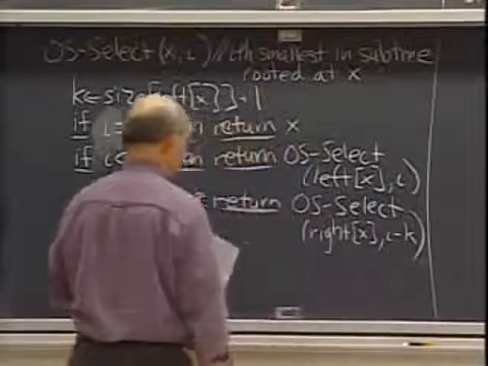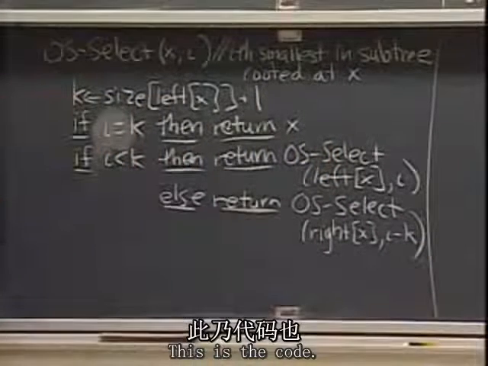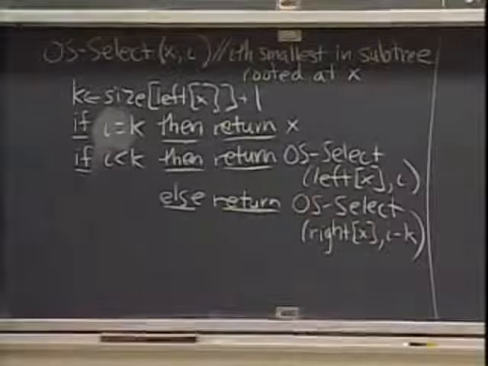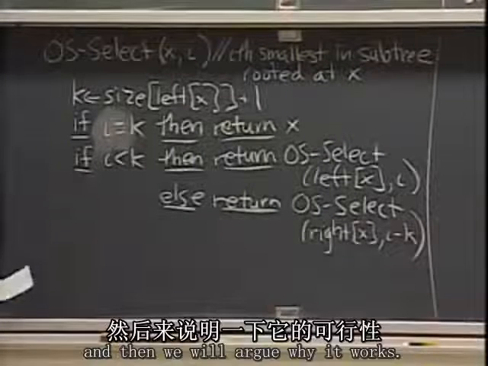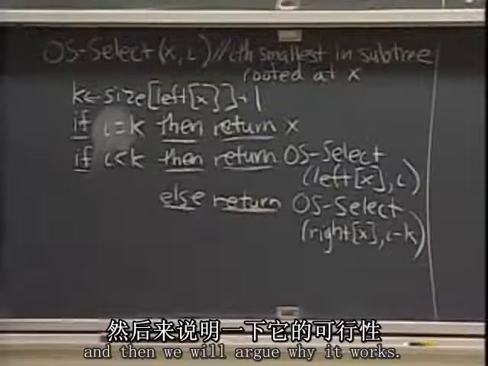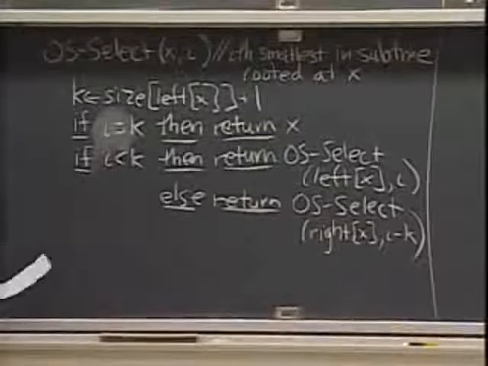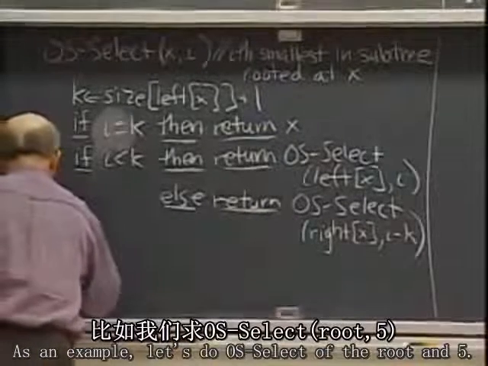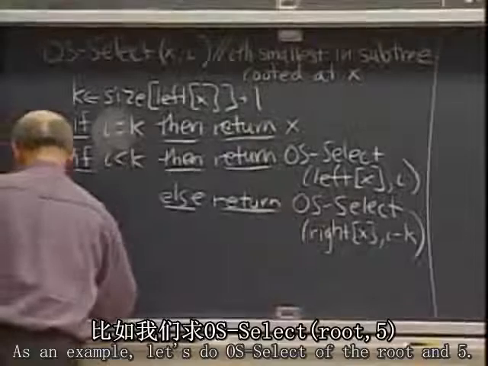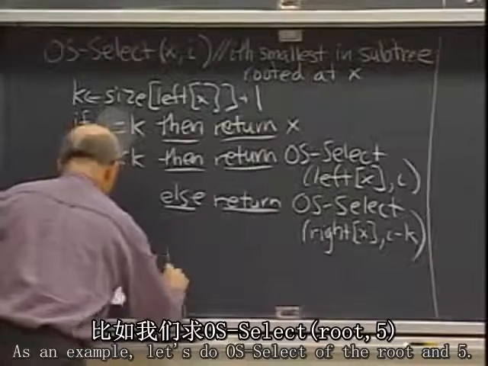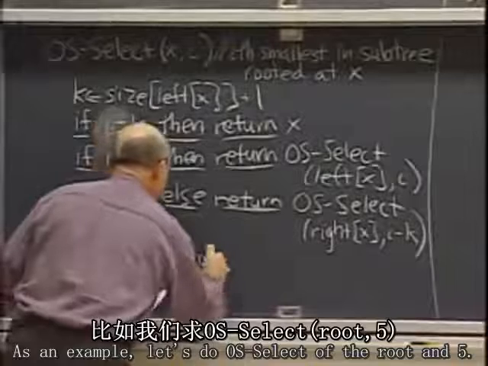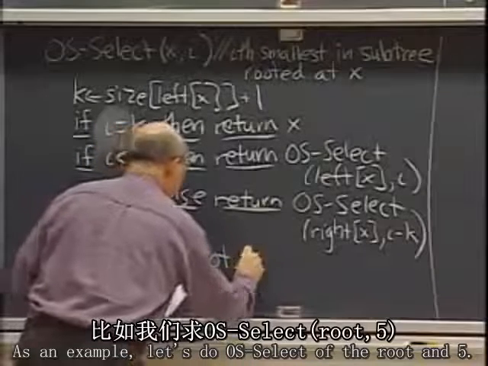Okay, so this is the code, and let's just see how it works, and then we'll argue why it works. As an example, let's do OS select of the root and 5.